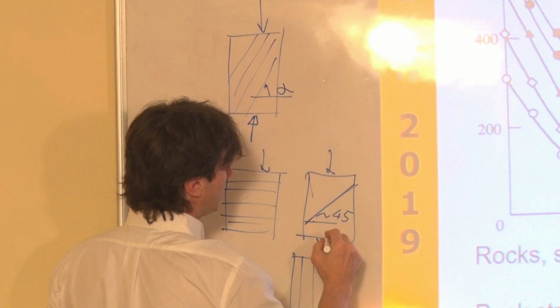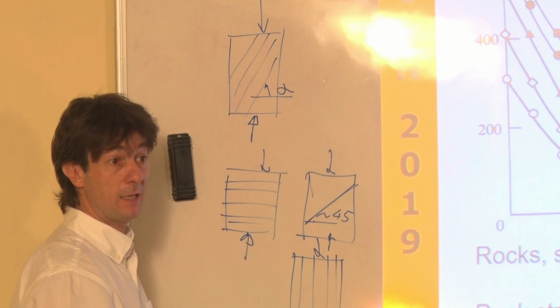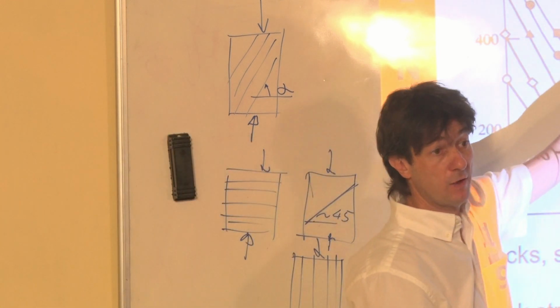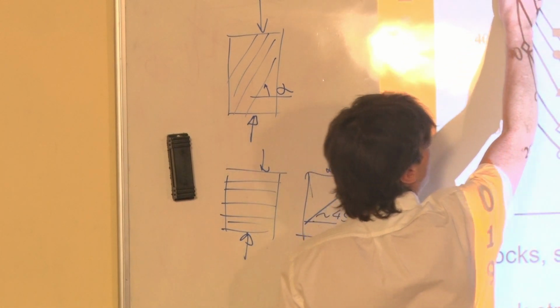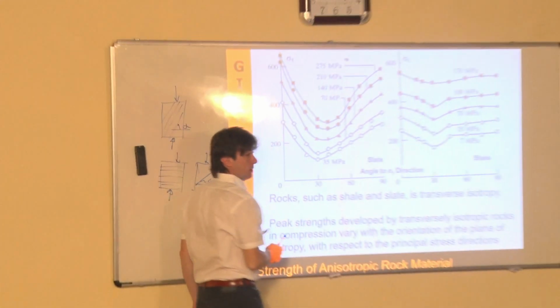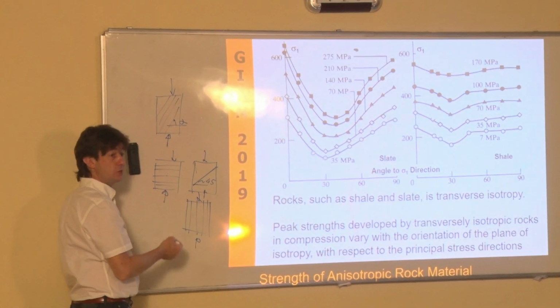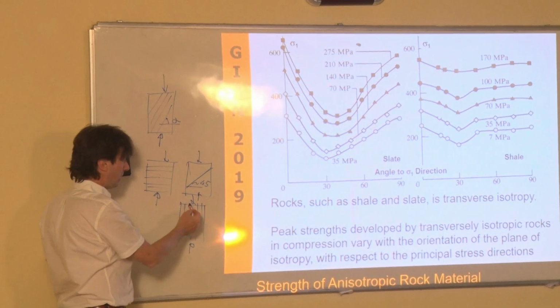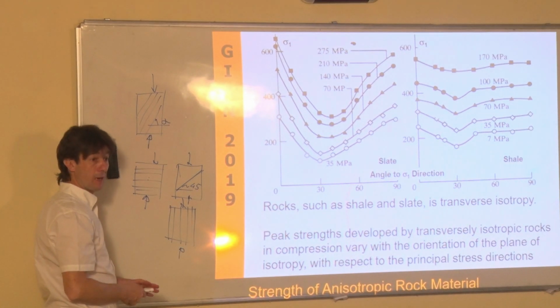And when you test it parallel to the bedding, you have another value. Very often what you observe is that this value is higher than that one. So it means that this condition is generally higher in strength with respect to when you load parallel to the bedding.